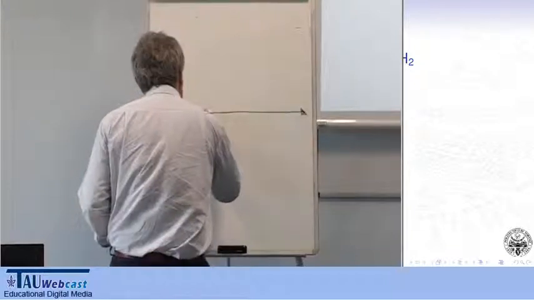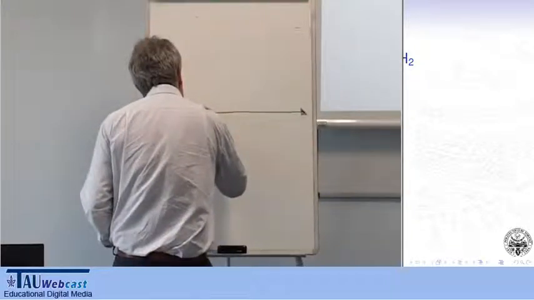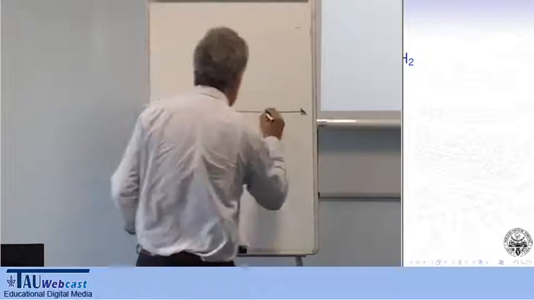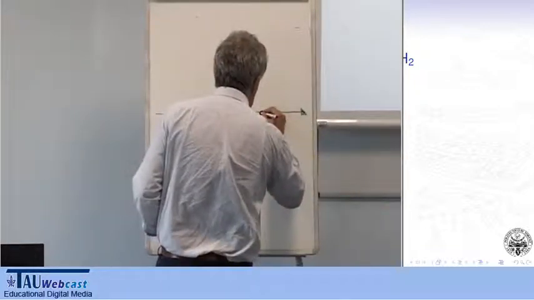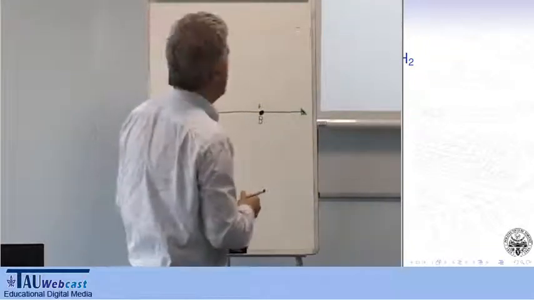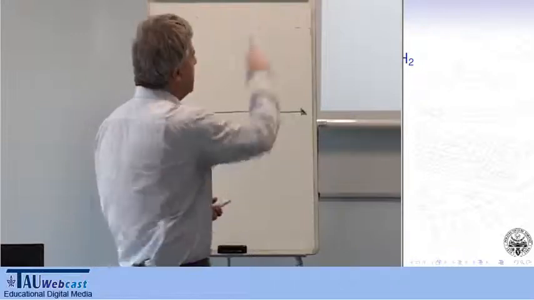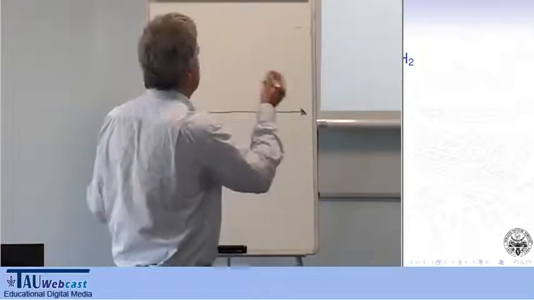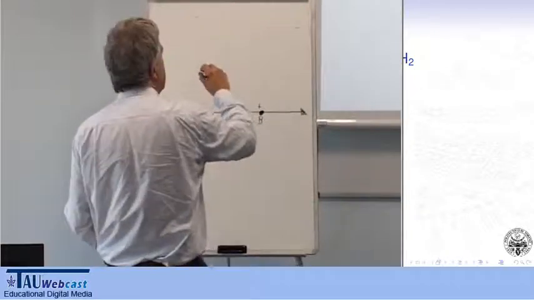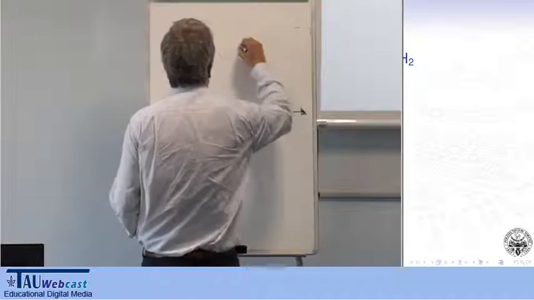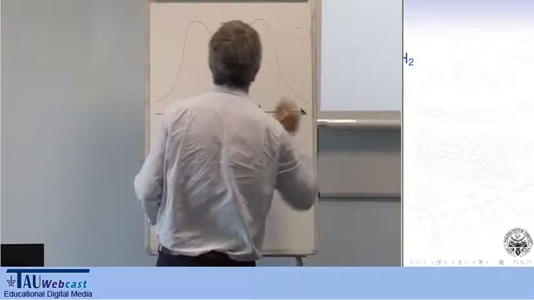So, hydrogen A, positive charge, B, positive charge. Now I try to define the square modulus of that function. Probably for the symmetrical form, we have a curve like this.